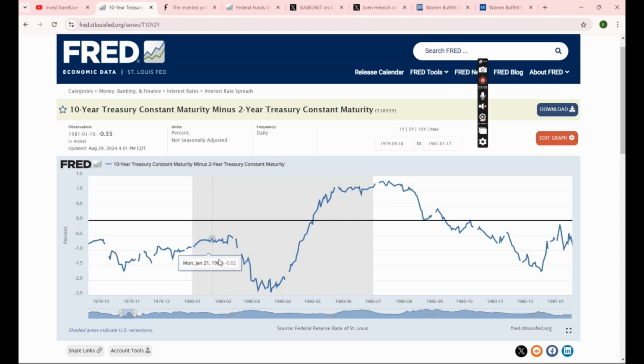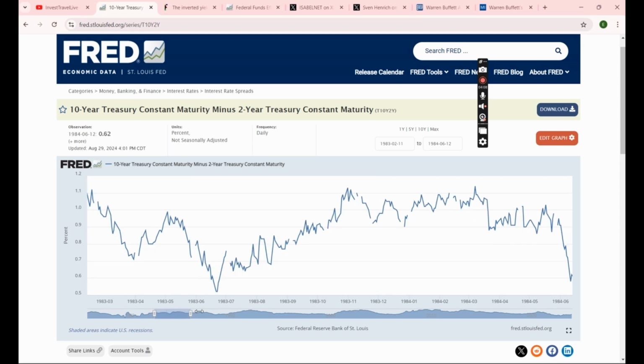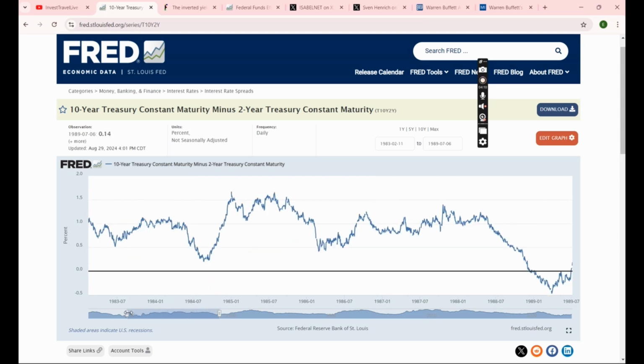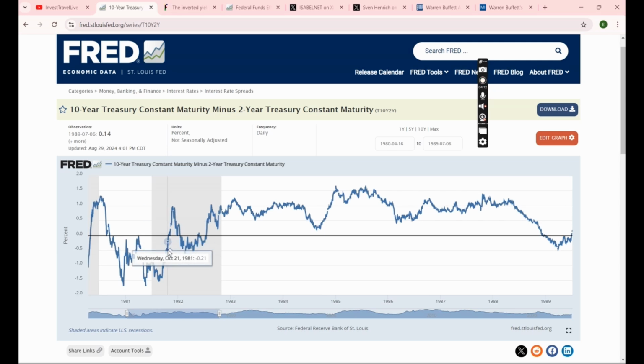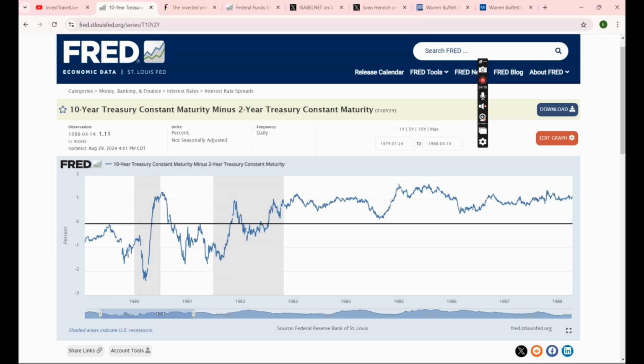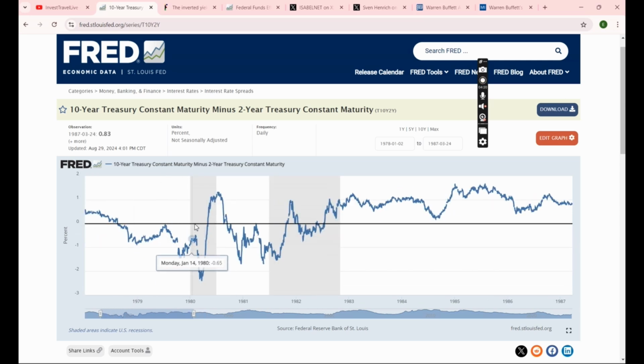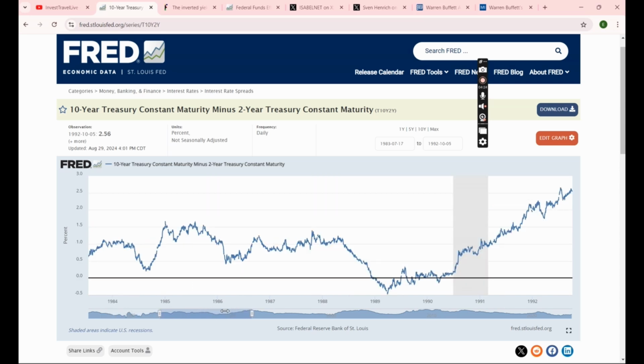So here we can see the recession started a little bit earlier than the uninversion. Okay, then we'll have a look at the next recessions. So this is in 1982. Okay, same as before. So the recession has started a little bit earlier than the uninversion.